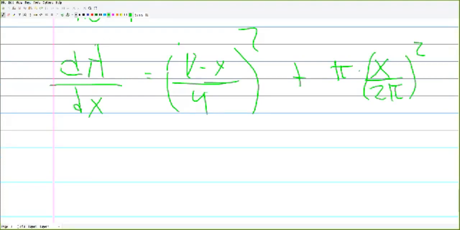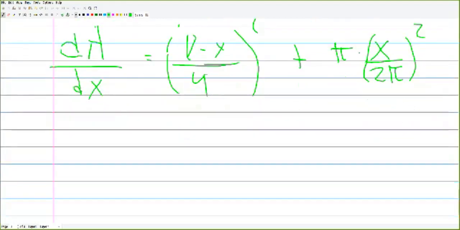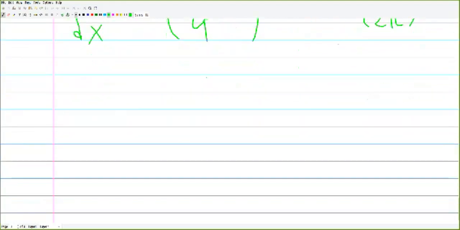That was the original. Now we're going to take the derivative. So that's the same thing as 2, right?